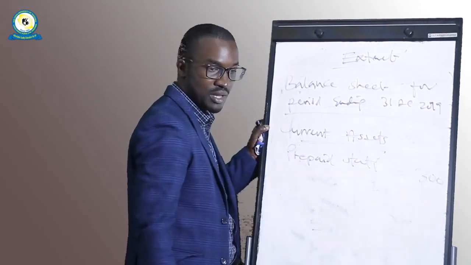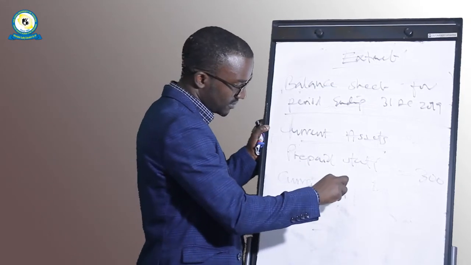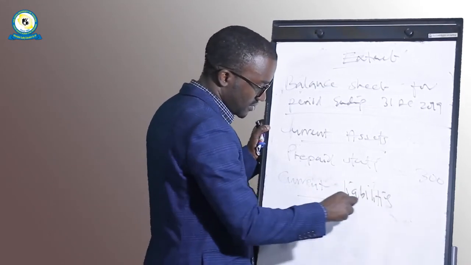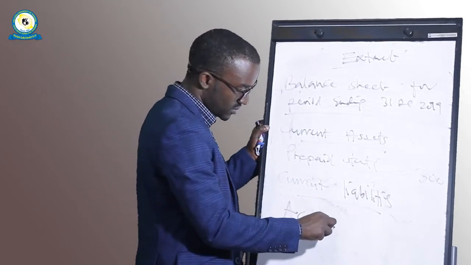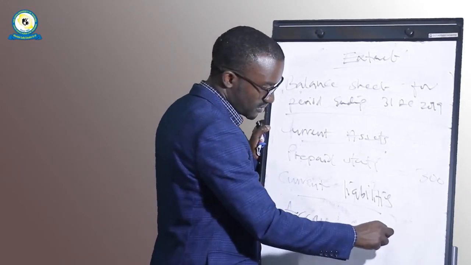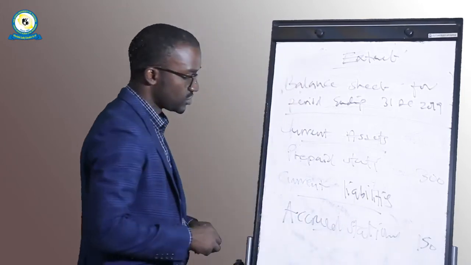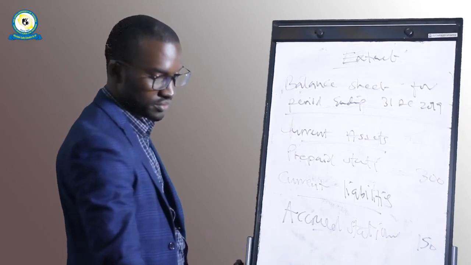This was prepaid, but again under current liabilities, you're going to have accrued stationery of an amount 150. So it is simple. It is clear that way. Okay.